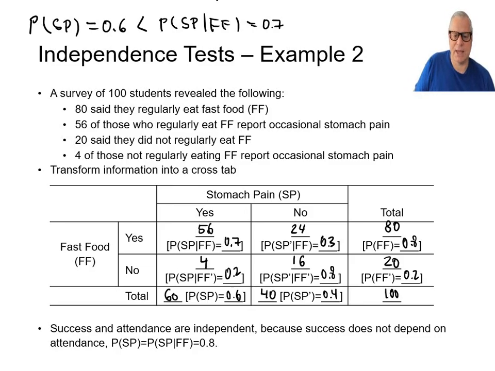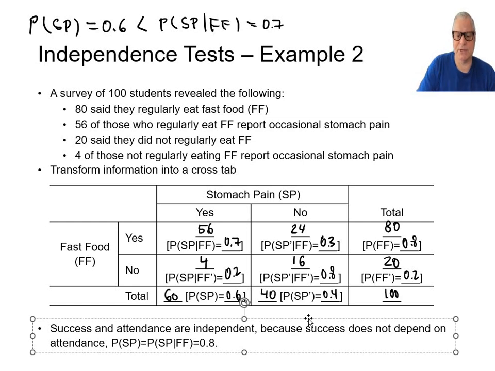So in this case, and of course, here we have to say success and attendance, that's still from the previous.